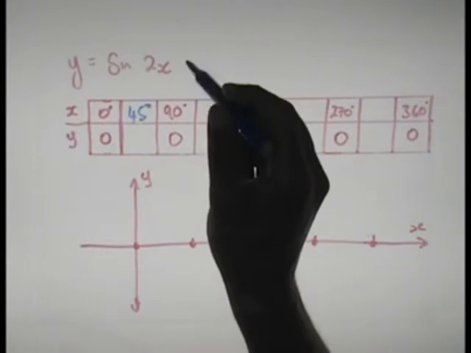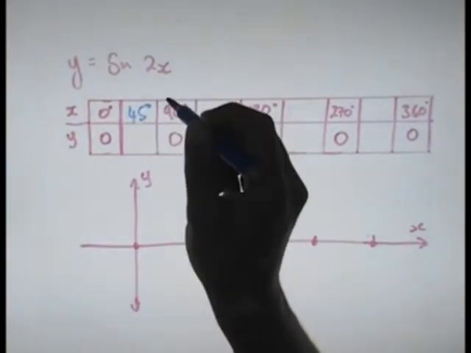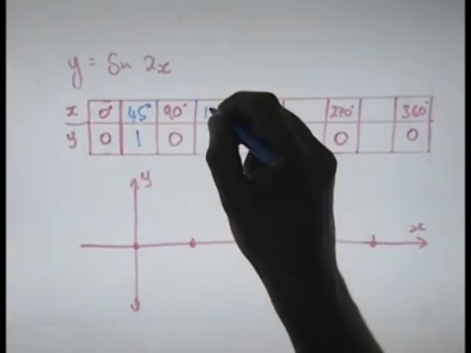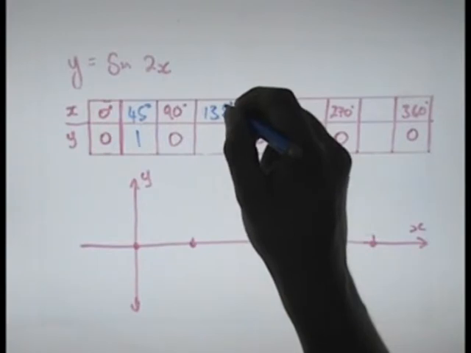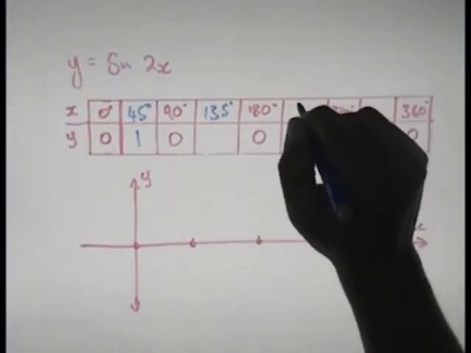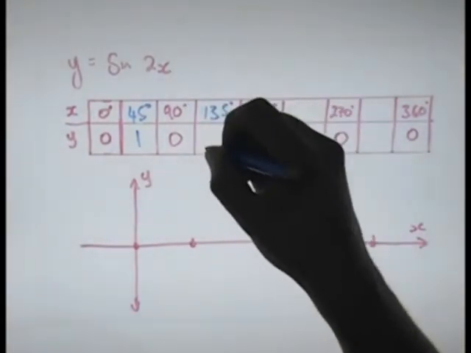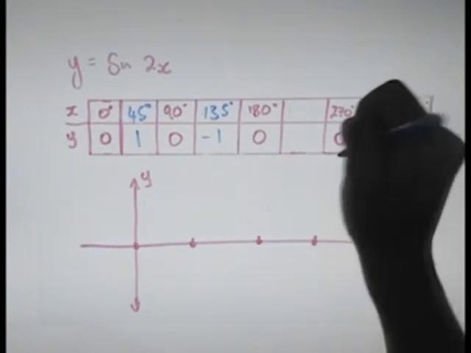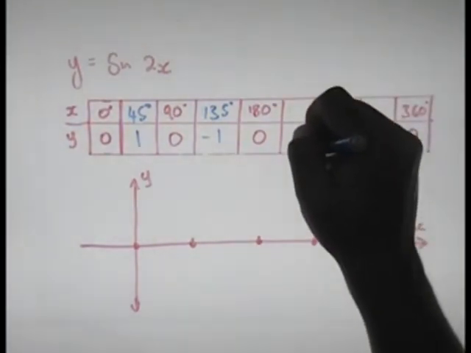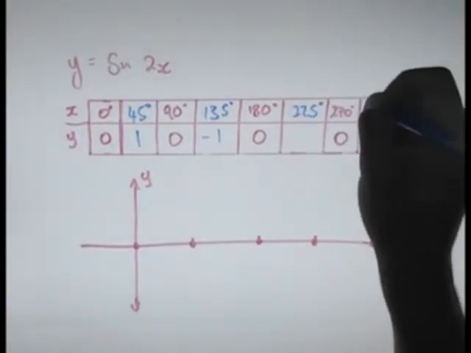45 degrees. That's going to be 45 degrees times 2, which is 90. Sine of 90 is 1. Between 90 degrees and 180 degrees is 135 degrees. 135 times 2 is 270. Sine of 270 is negative 1. Between 180 and 270 is 225.